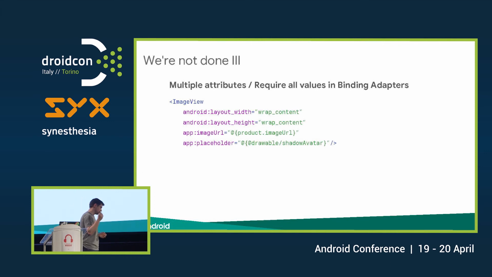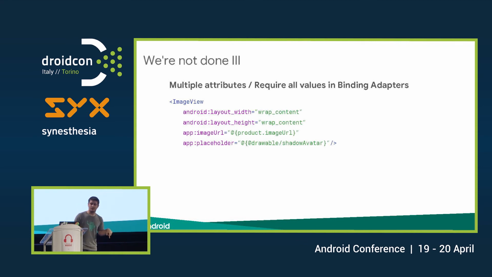This is another one of my favorite features of data binding. You can use multiple attributes in one binding adapter. So in this case, we have an image view with an image URL attribute that's probably a string, and then a placeholder attribute that is a drawable. Now, note here that this drawable, the value, is still a layout expression.